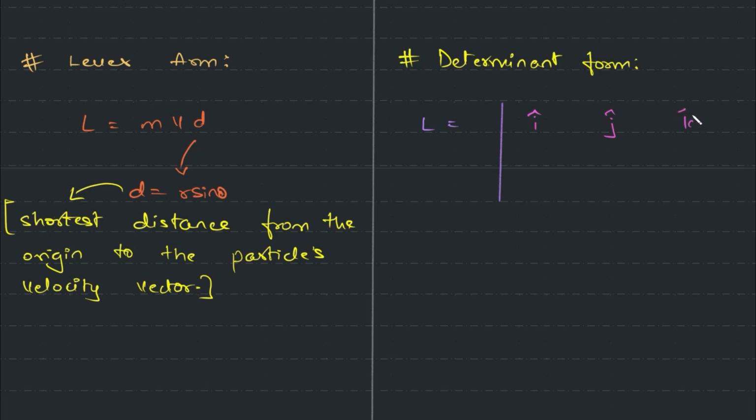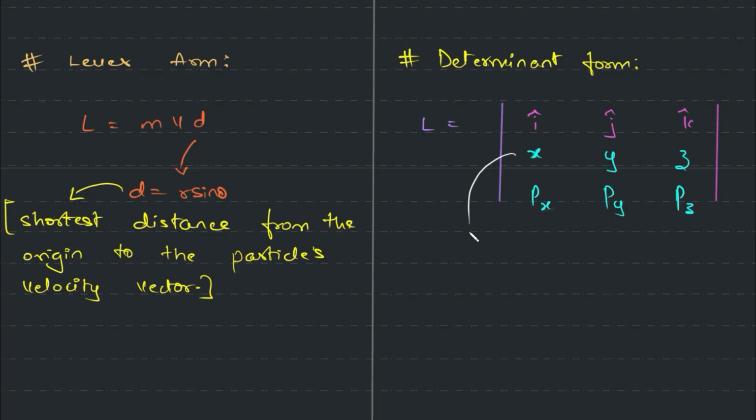So i, j, k, your unit vectors, that is, and your r and your momentum along the respective direction.